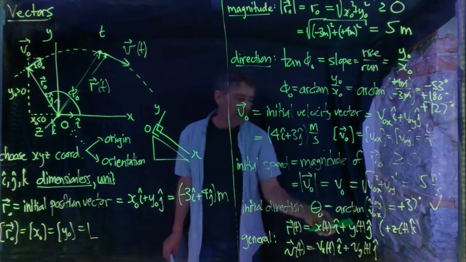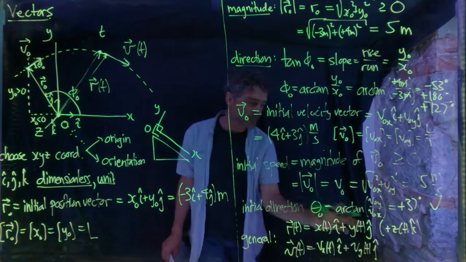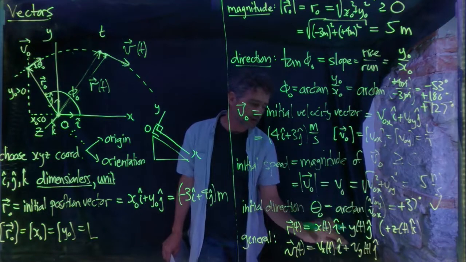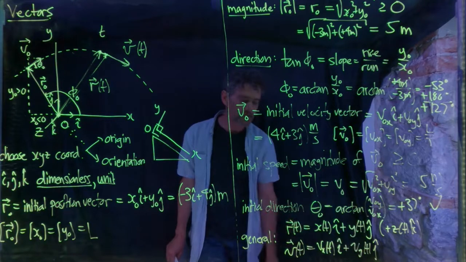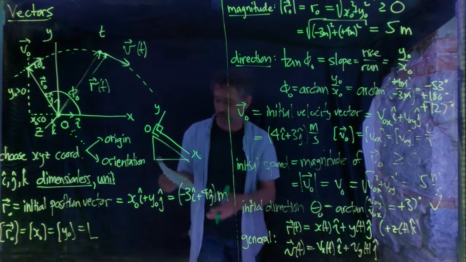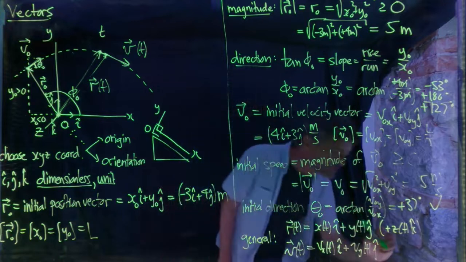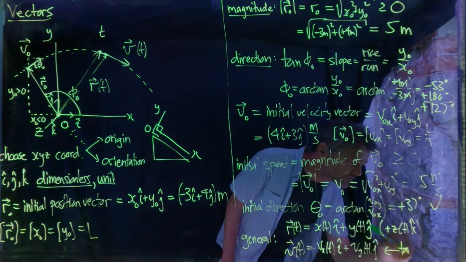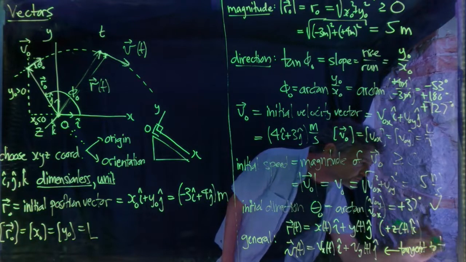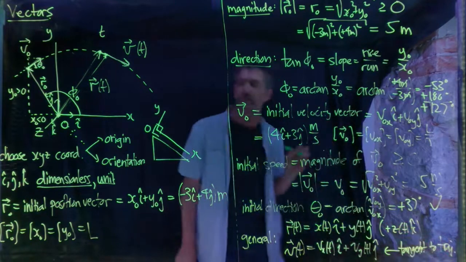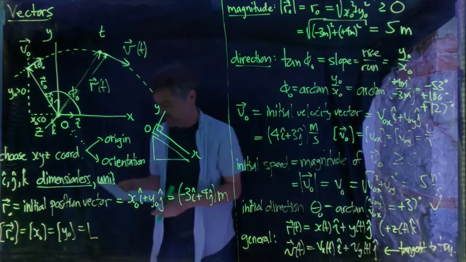So x and y are functions of time, and they are components of the position vector. Vx and Vy are functions of time, and they are the i hat and j hat components of the velocity vector v of t. And this vector is always tangent to the trajectory. Hopefully that didn't go off the corner of the screen there.